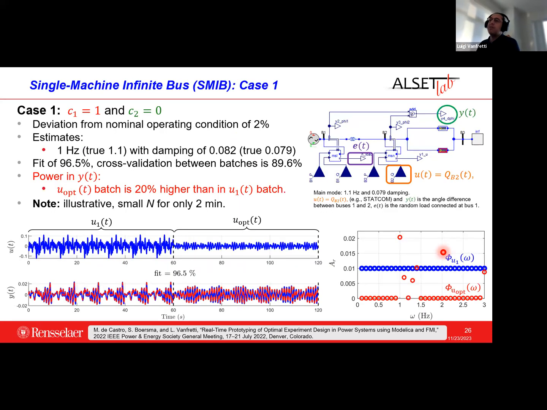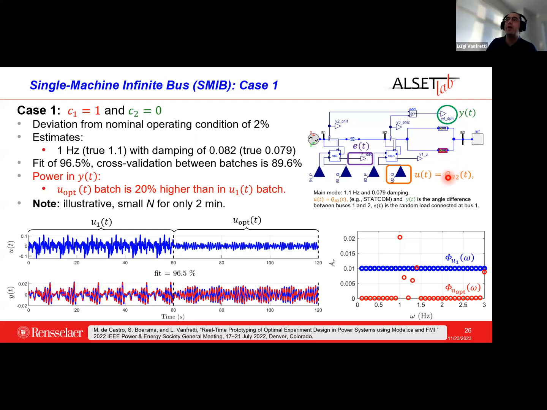Okay, so here is a simple example, a similar power system to the one we showed at the beginning. Here you have points where you can inject different types of signal. The idea is that we will inject U of t over here and measure Y of t over there.